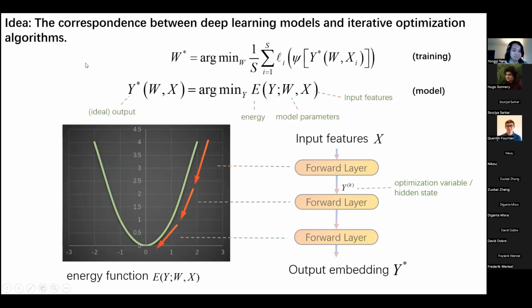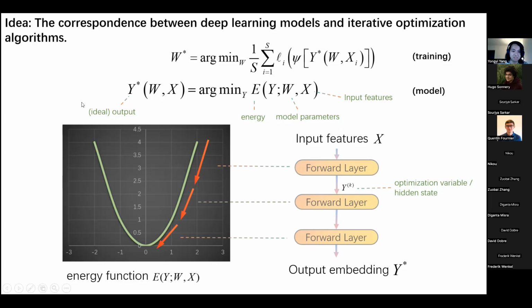Firstly, I want to introduce the idea of this paper, what we want to do. As the title suggests, we want to explain the transformer model from an optimization perspective. Normally we know that the training of a deep learning model is an optimization. So we want to also model the forward process as an optimization process.